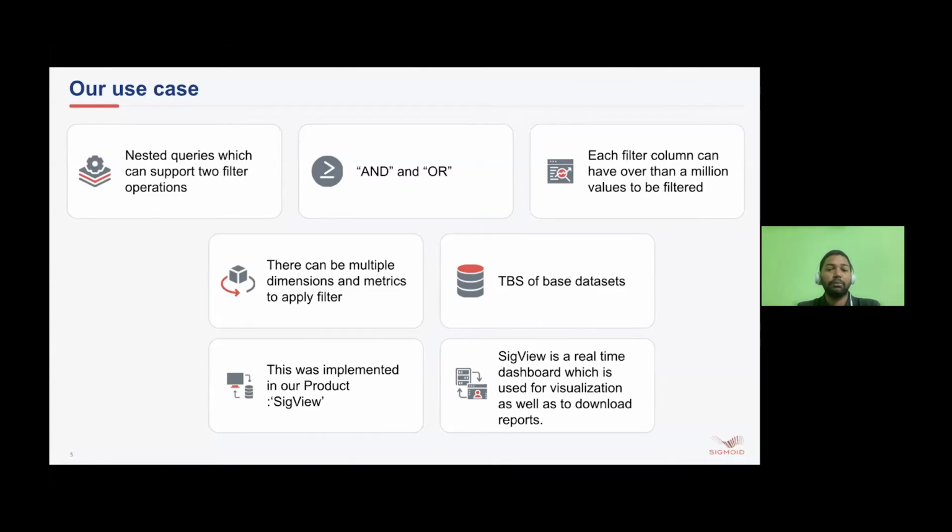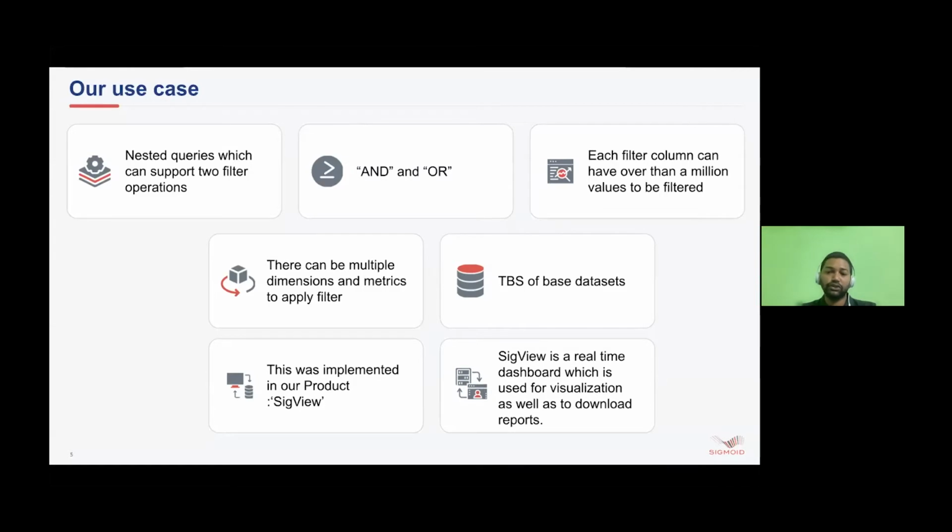There are multiple dimensional metrics to apply filters, and for each dimensional metric, there can be millions of values that need to be filtered out from the base database. The size of the base data set can span up to more than TBs. This implementation that we are going to discuss was implemented in our product called Sigview.